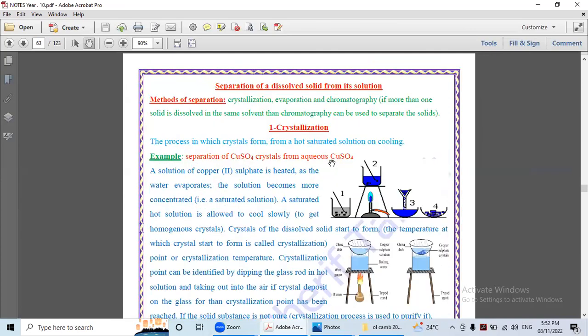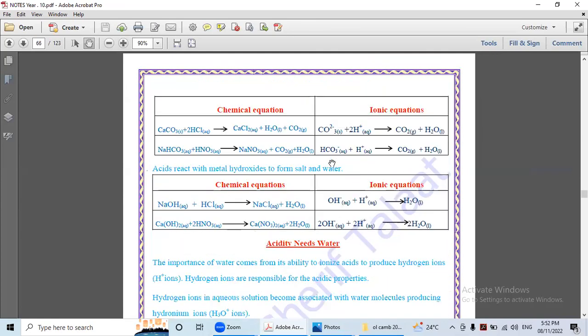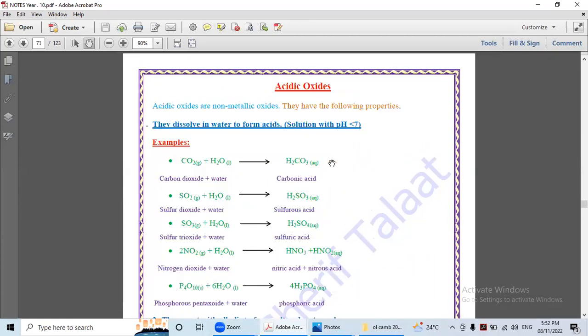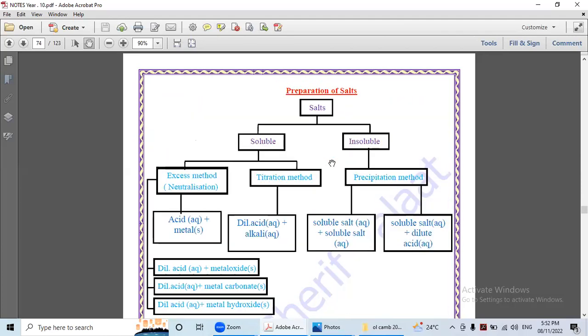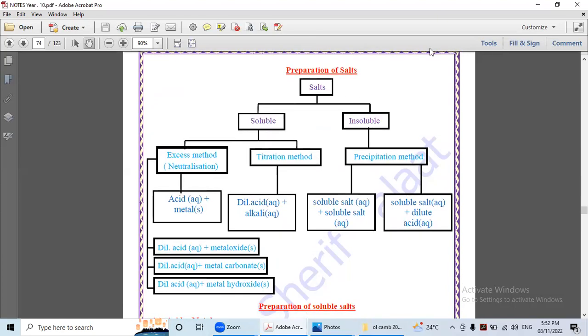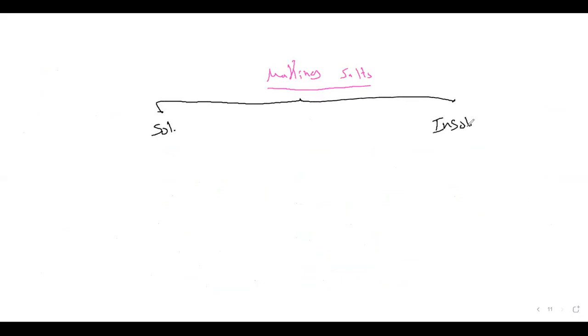After that, in case of acid and base, making salts. In making salts, we have to know making soluble salts and making insoluble salts.